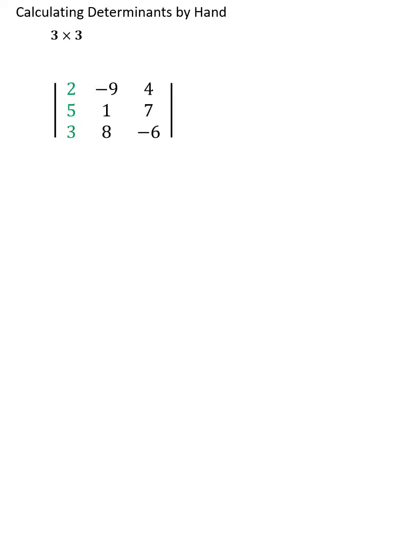The first column has 3 numbers in it, obviously, and for each one of those numbers, we're going to compute what's called the associated minor determinant, or just the minor. The definition is there. We'll get to that in a minute. It's easier to see what that definition means through the examples.